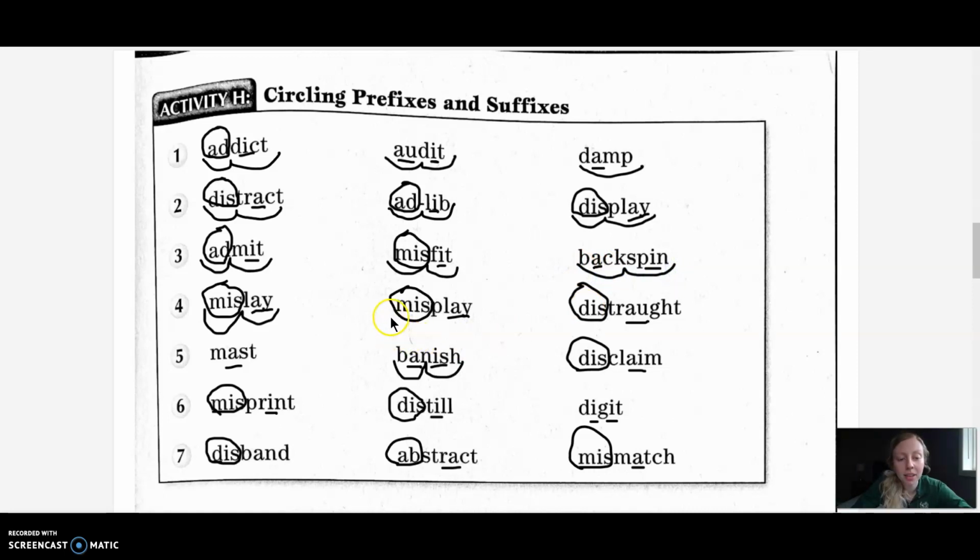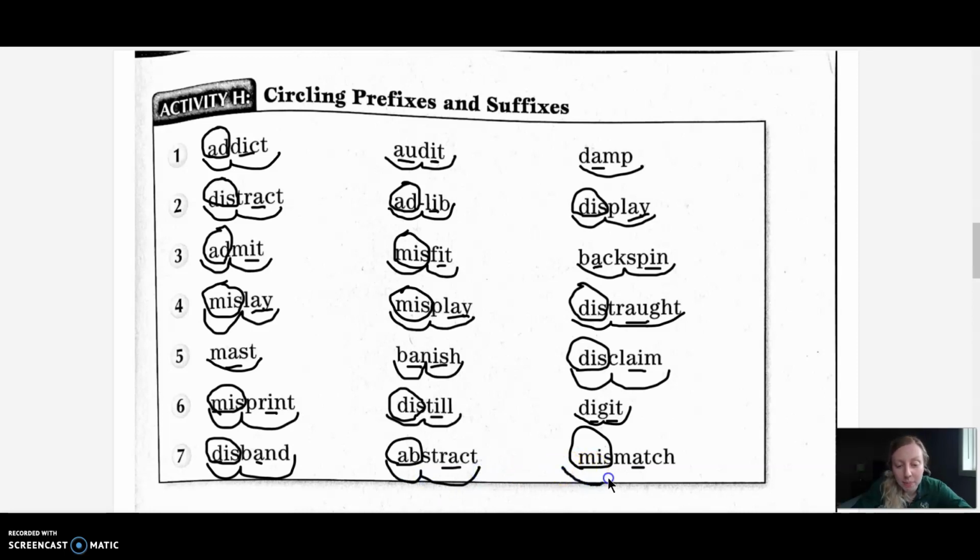backspin, misplay, distraught, mast, disclaim, misprint, distill, digit, disband, abstract.